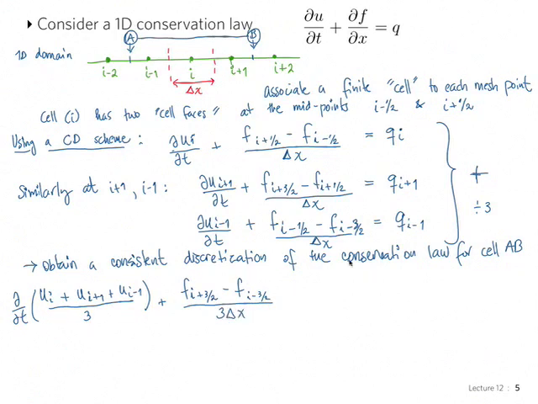Divided by 3 delta x, of course, and on the right hand side we have the sum of the 3 source terms divided by 3.